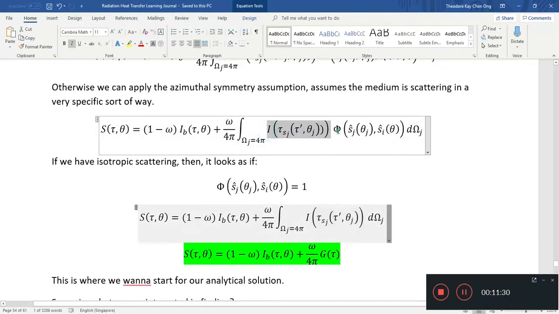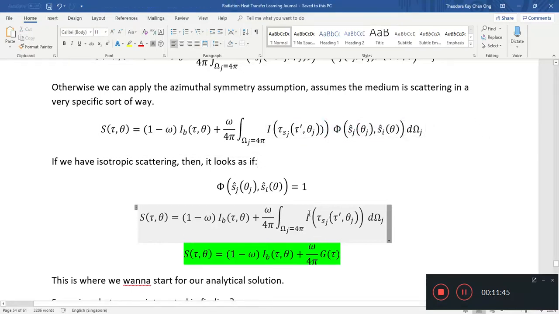And of course, if you have the phase function, it will add another layer of complexity to it, and it'll make it even harder. But whether or not you have this little term here, you will need to consider incident radiation from other parts of the medium.